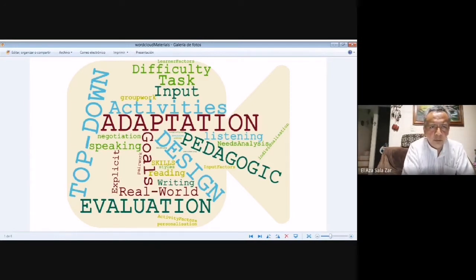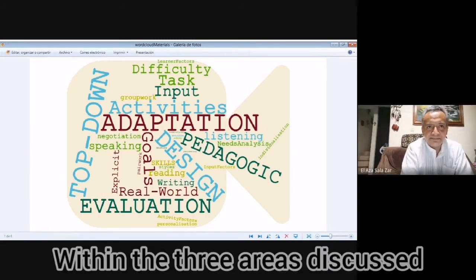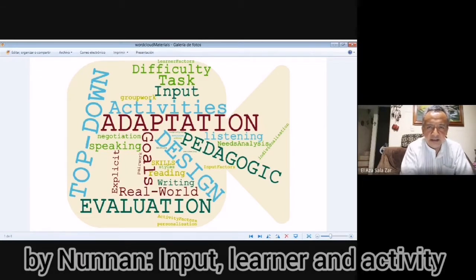Then in the word cloud, we can read learner factors, difficulty, and task. Task is related to task difficulty. As we know, if the task is extremely difficult, learners tend to lose motivation.